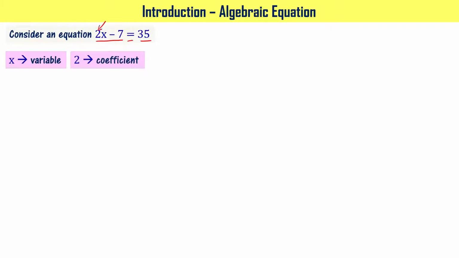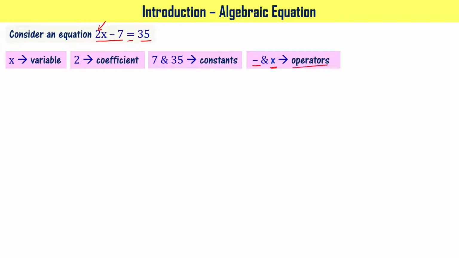Of course, earlier we said it is a constant, but to be precise, you can say that 2 is the coefficient of x. 7 and 35 are the constants. Got it? Minus and multiplication symbols are the operators, meaning subtraction and multiplication are the operations you are conducting in this equation. Got it?